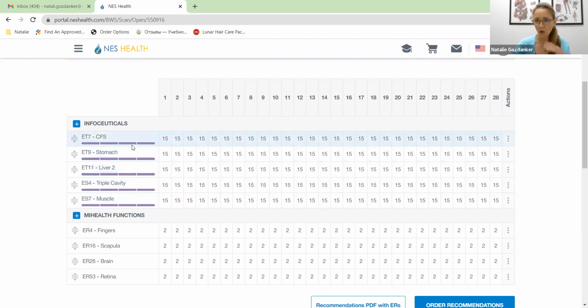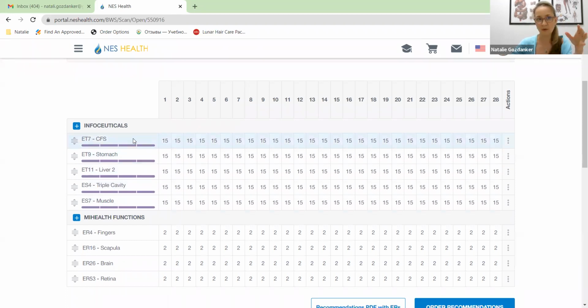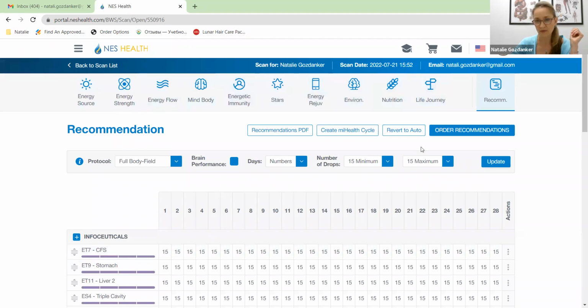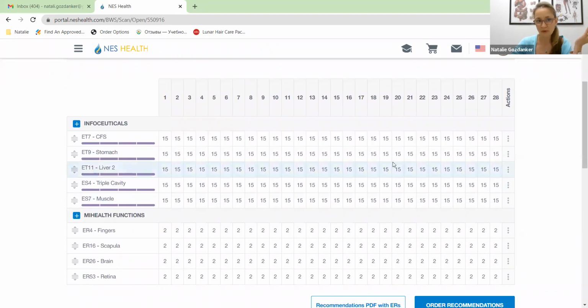But in relation to the scan, usually it's 5 infoceuticals. They cover the whole aspect of the body field. So all those things that we covered before, some people prefer to go for just covering the basic parts of the body field, like drivers and integrators, let's say. Others prefer to integrate terrains as well, and stars, which are more comprehensive remedies of NES.